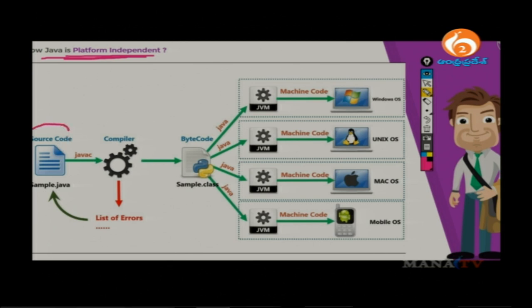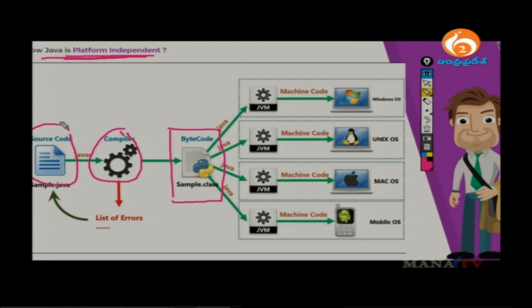The first one is the source code of your Java, which gets compiled with the javac command. If the javac command compiles this Java program successfully, it generates the intermediate language, the bytecode, here.